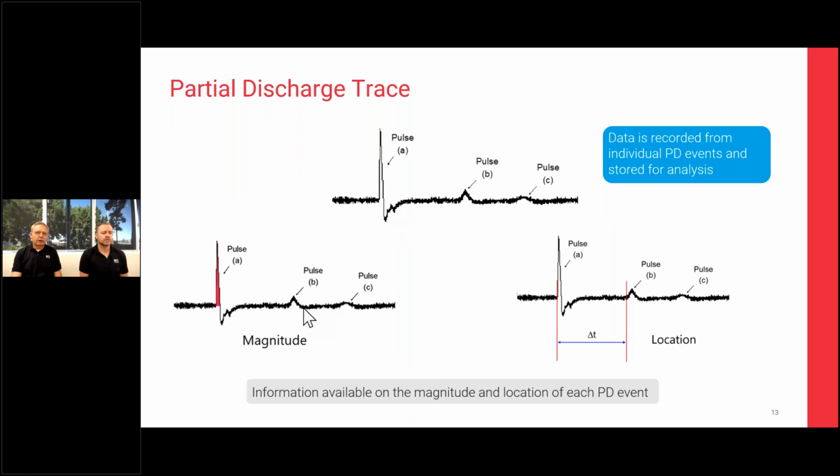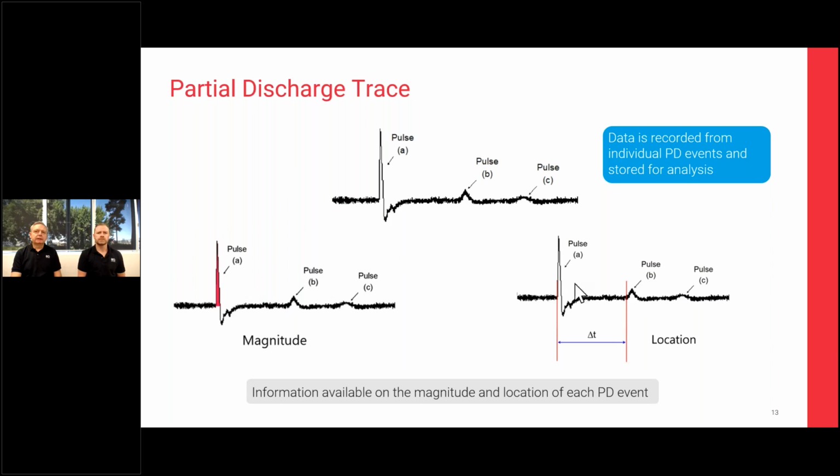But if we get all three of those pulses, that allows us, one, to give the magnitude of the discharge. So we measure the first pulse, and the area under the curve of that gives us a magnitude, generally measured in picocoulombs.